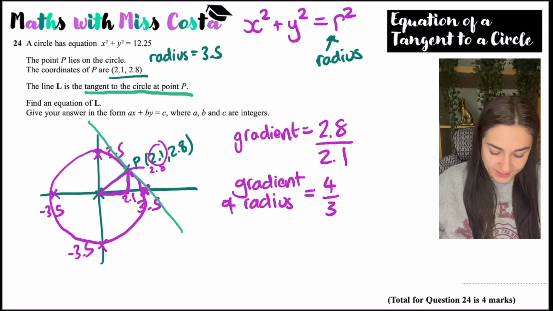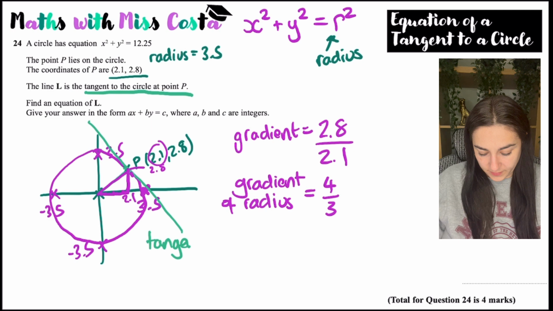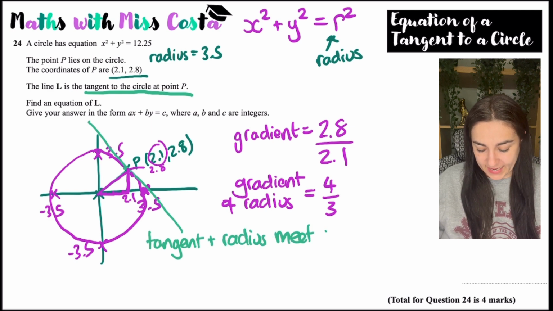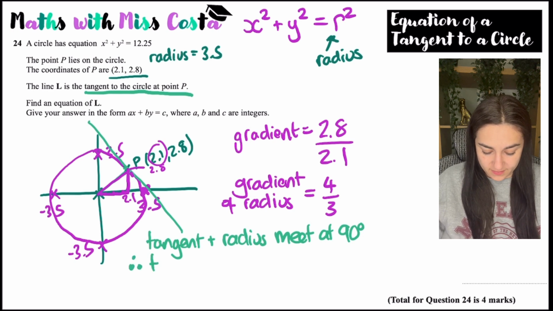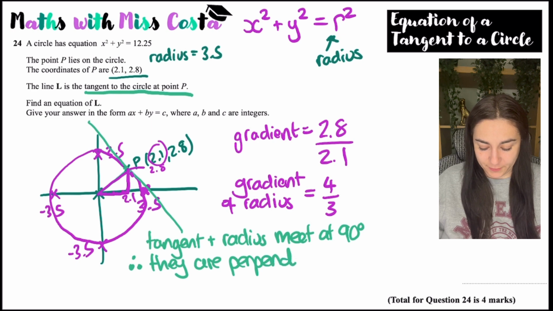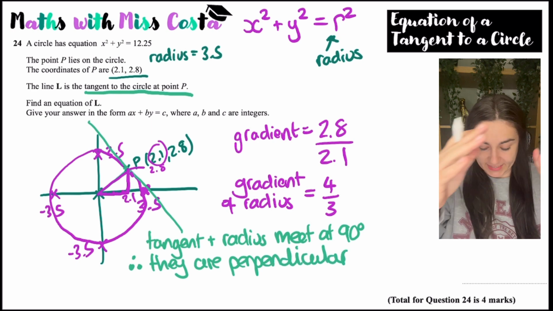Now I know that the tangent and a radius meet at 90 degrees, which means that they are perpendicular. This is from circle theorems: a tangent and a radius always meet at 90 degrees.